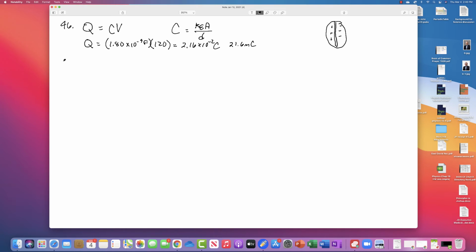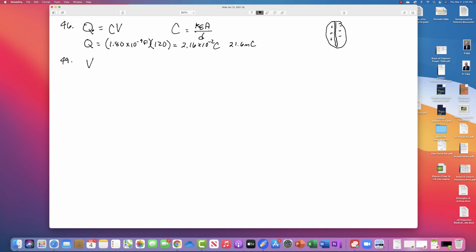Let's do another one, 49. 49 is a very similar problem. It says calculate the voltage applied to a 2 microfarad capacitor when it holds 3.1 microcoulombs. Well, you just rearrange this in order to find the voltage.